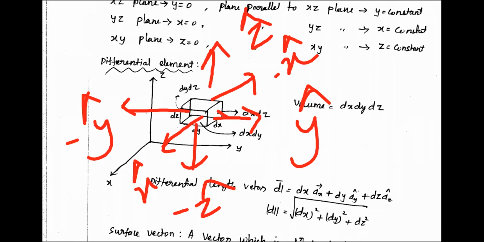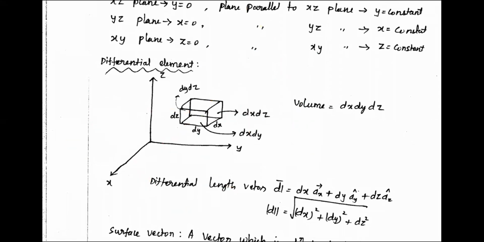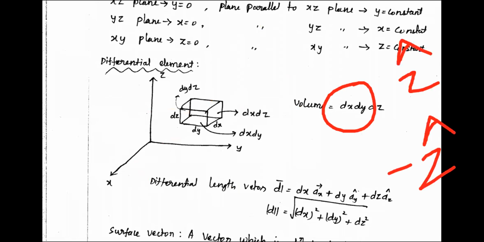So what I'm telling is, at any point you will get dx and dy, a change in x and a change in y. Definitely your surface vector will be either z cap or minus z cap, depending on whether you are taking the upper surface or the lower surface.